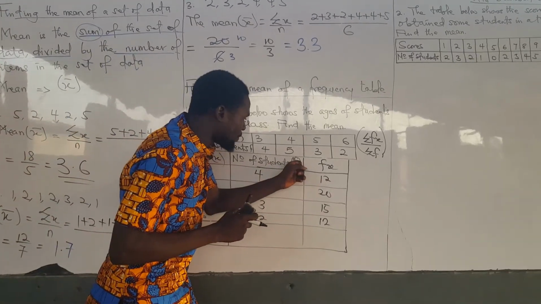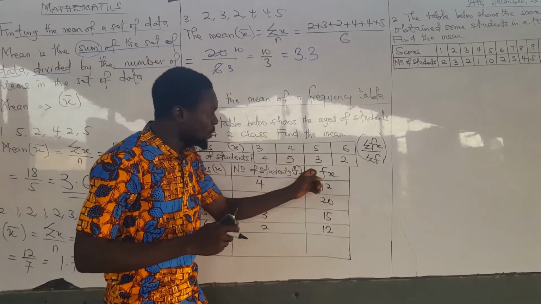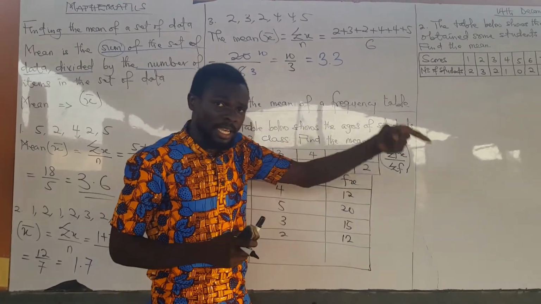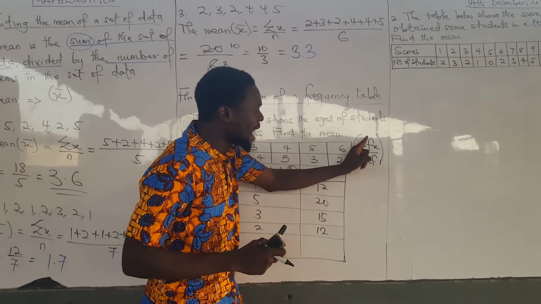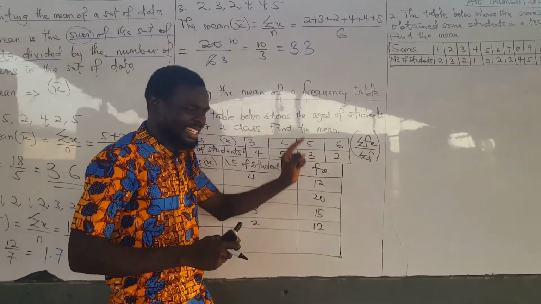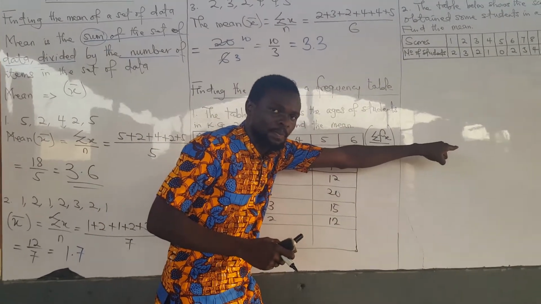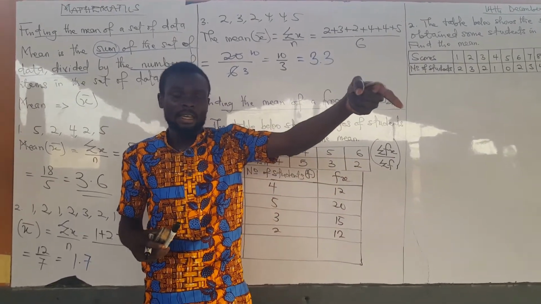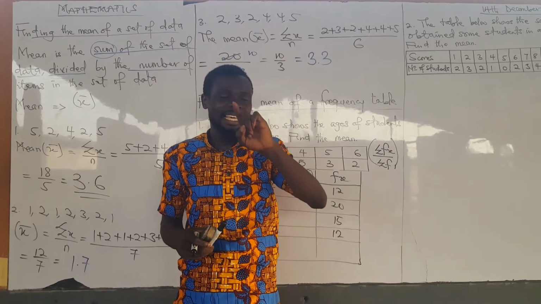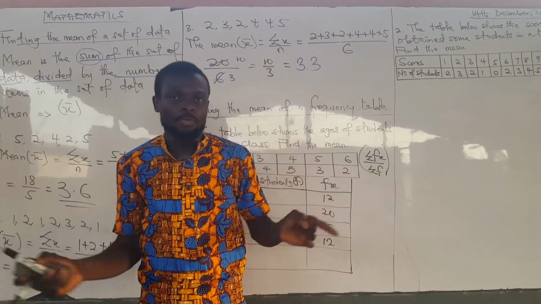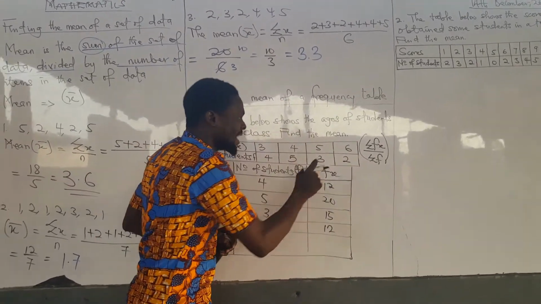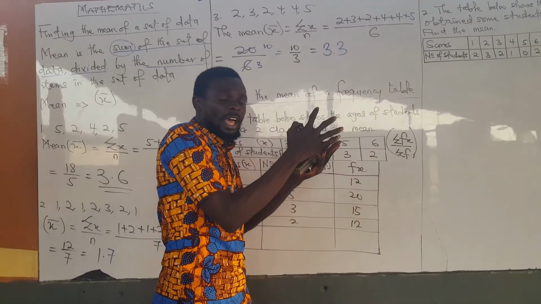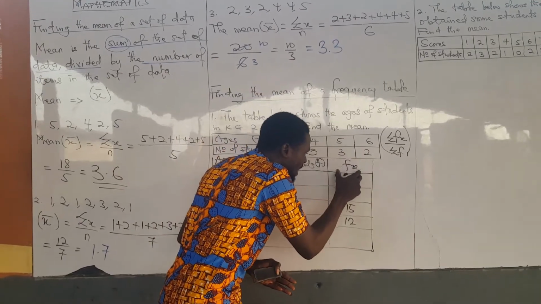Now, we have f here, and we have fx here. And to calculate the mean, we need sigma fx and sigma f. In our previous video, when we were talking about the median, we were told that sigma means sum of. So sigma fx here means sum of the fx, and these are the fx values.